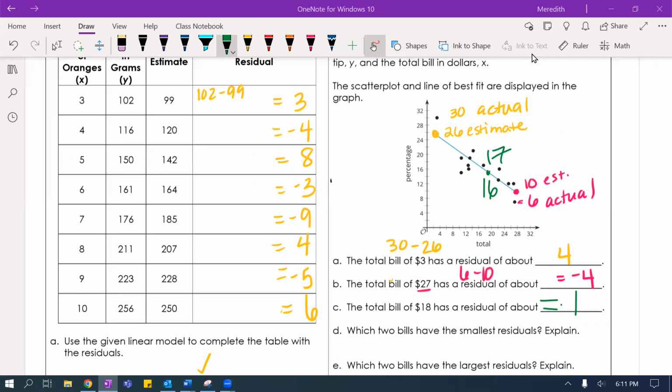Okay, so part D here says, which two bills have the smallest residuals? Explain. So we're looking at our line of best fit, and we're looking for the points that are the closest to the line. We're basically on top of the line. So if you're looking at your line here, I see a point right here, and I marked it in blue, and it is at a total bill of about 13, it looks like.